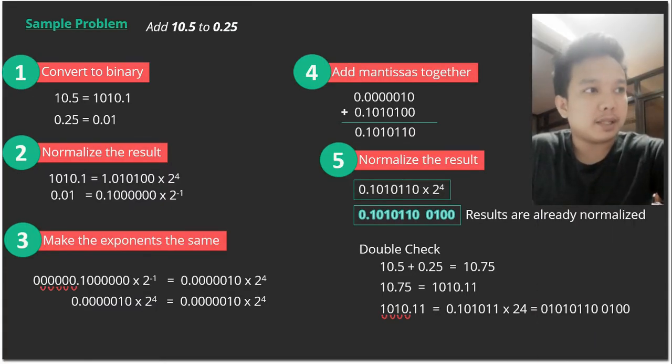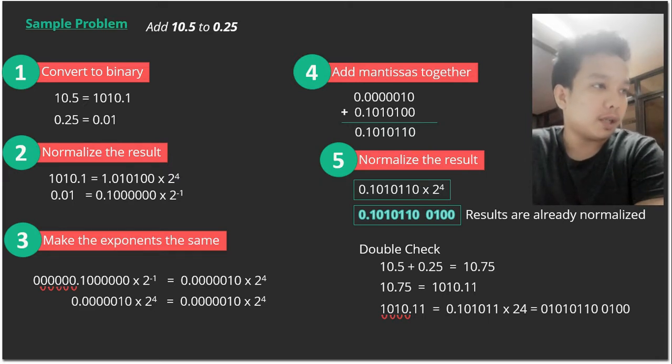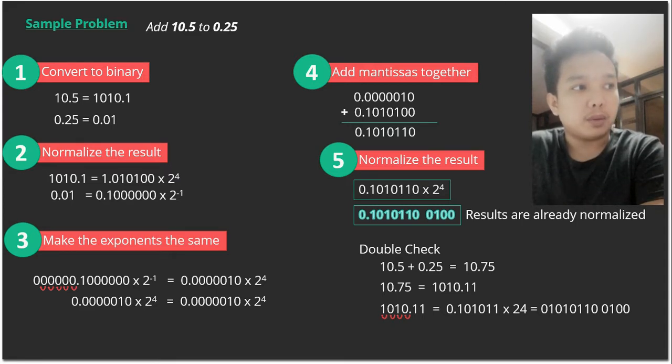Okay, let's add sample numbers in here. The first is to add 10.5 to 0.25. Okay, the first step is to convert the decimal to binary, which is equal to 10.5 is equal to 1010.1, and 0.25 is equal to 0.01.